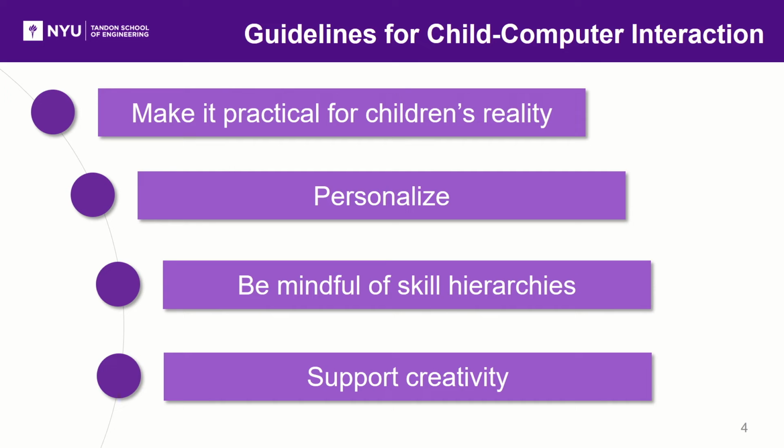Then, we need to make it practical for children's reality. For technology designed for children to be successful, it needs to be able to work in children's real contexts. While it is often necessary to start the design process in a lab, designs should consider from the beginning the contexts in which children are likely to use the technology, and whether it is fit for those contexts.